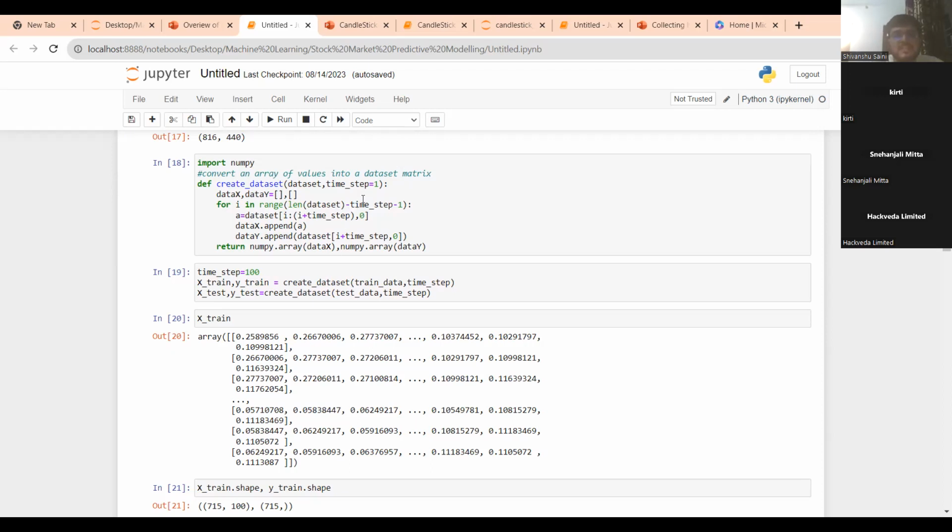So here we have used a timestep, and here is the for loop which will iterate, and this iteration will give us the dataset.